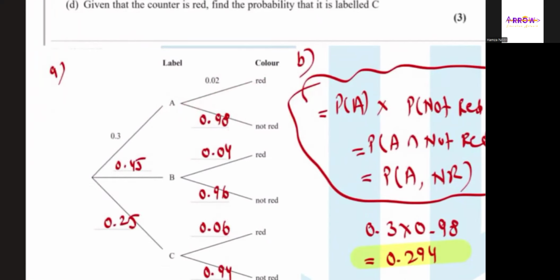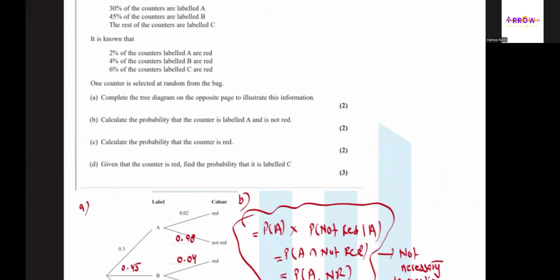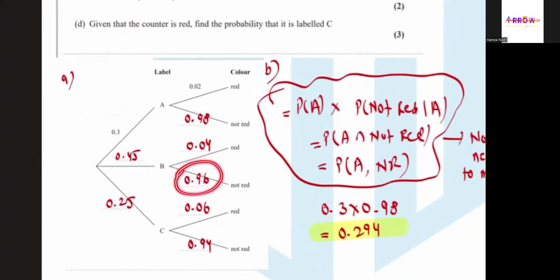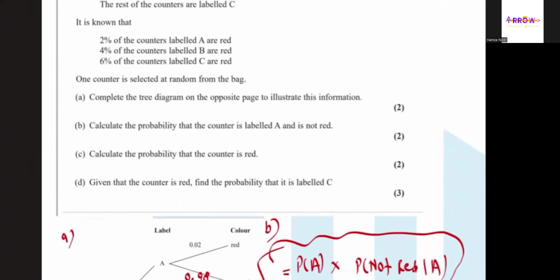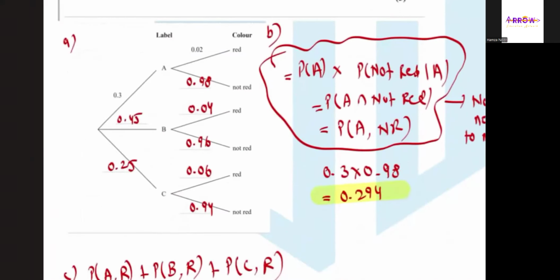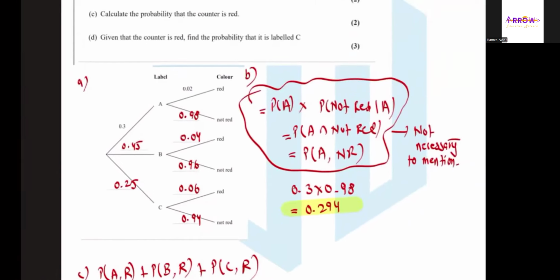Okay, and since it says that 4% of the counters labeled B are red, not red are 1 minus 0.04. 1 minus 4%, so this will be 0.96. Okay. And then 6% of the counters labeled C are red. So here we have 6%. So 1 minus 6%, this will give us 0.94. So in this way, we complete the tree diagram over here in part A.